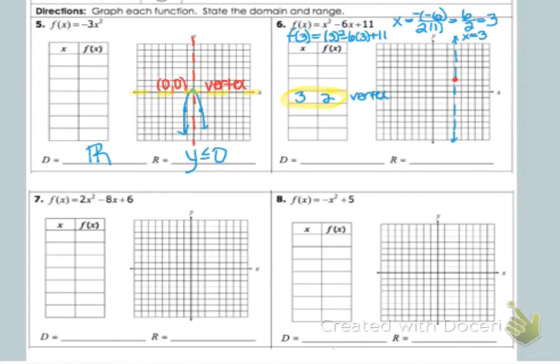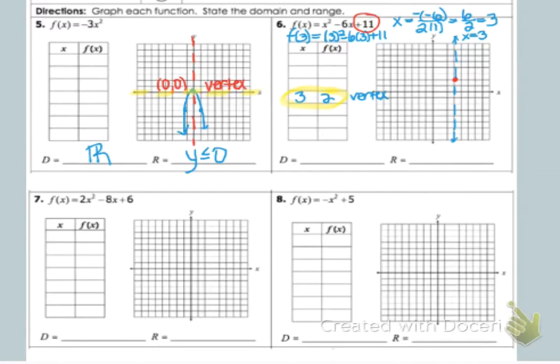And I mentioned before about this whole idea of a y-intercept. And this actually has a y-intercept of 11. When we talk about the y-intercept, that's the value of the function when the input is 0. In other words, when x is 0.